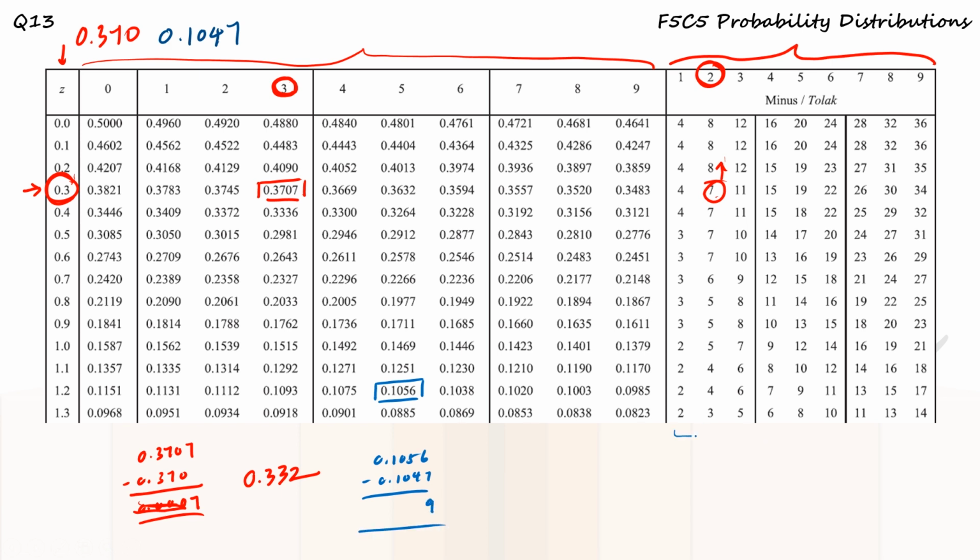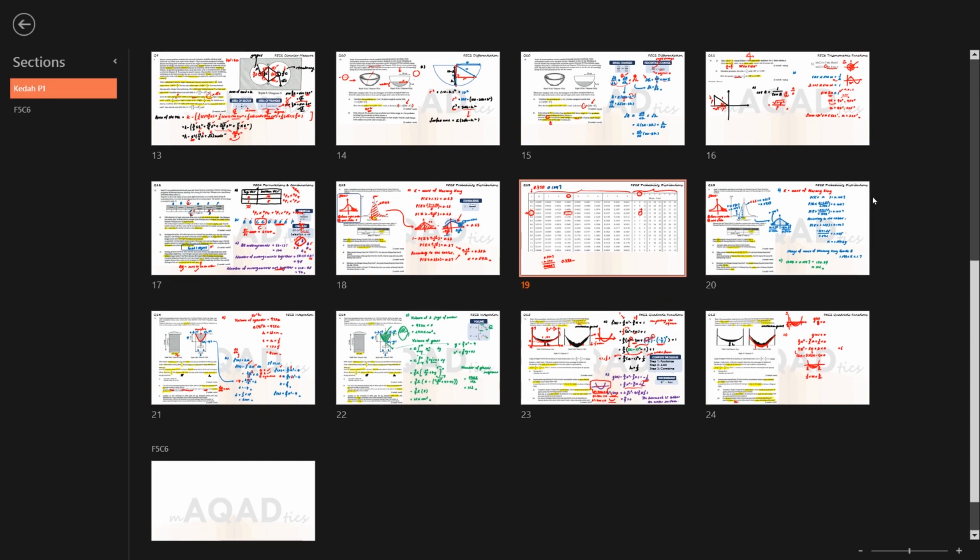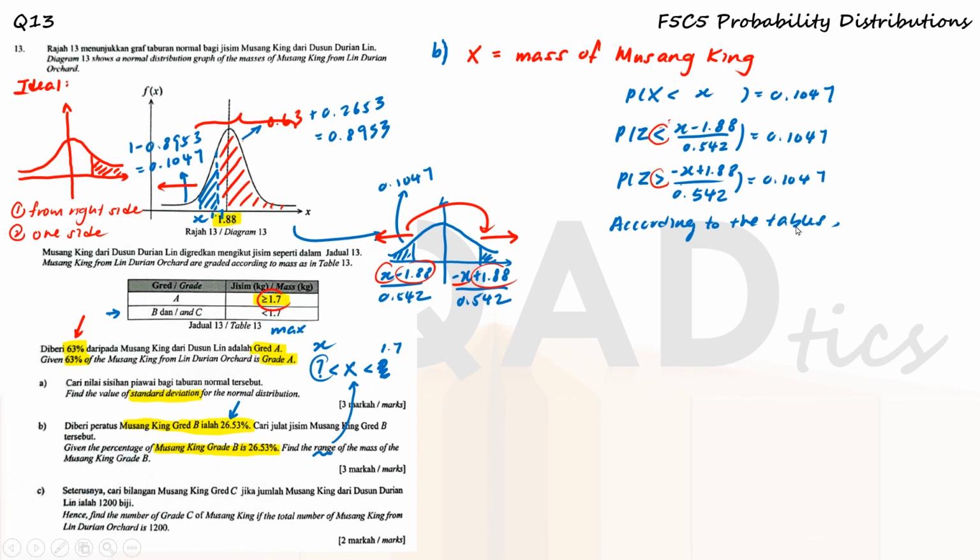According to these columns and this row, we need to find the value of 9, which is here. Now we can find the three values that we want, which is 1.2, 5, and 5. So let's go back, and according to the tables, we have found that it is 1.255.